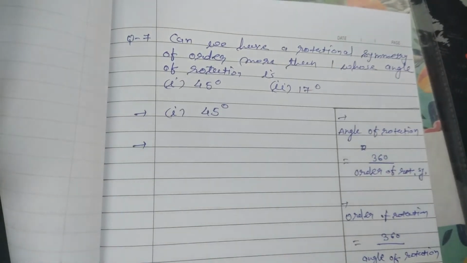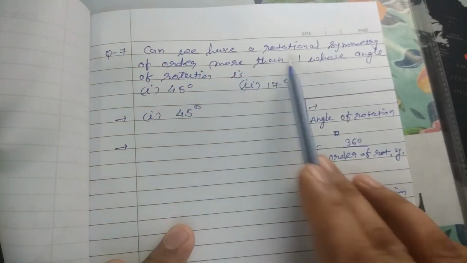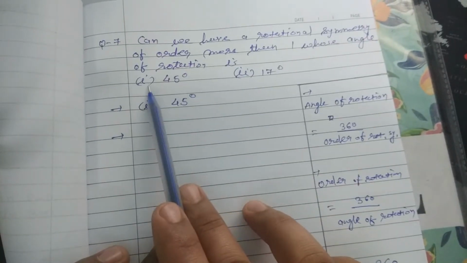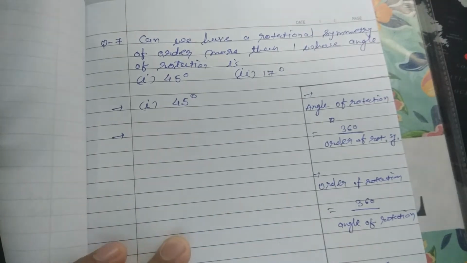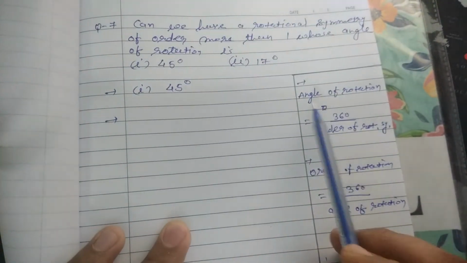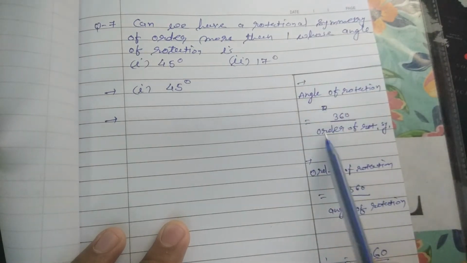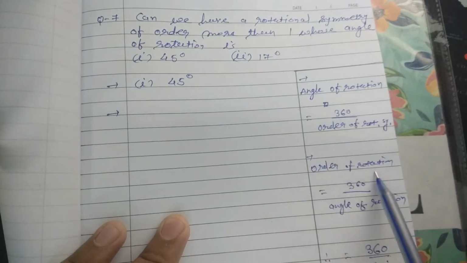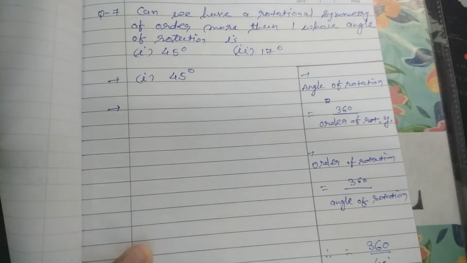Last question of this exercise and also of this chapter, question number 7. Can we have a rotational symmetry of order more than 1 whose angle of rotation is number 1, 45 degrees, and number 2, 17 degrees? So first for 45 degrees, we have already learned that angle of rotation is equal to 360 divided by order of rotational symmetry, and order of rotational symmetry is equal to 360 divided by angle of rotation.